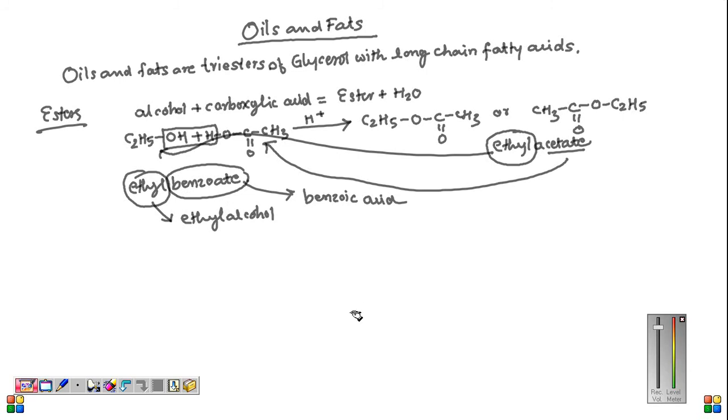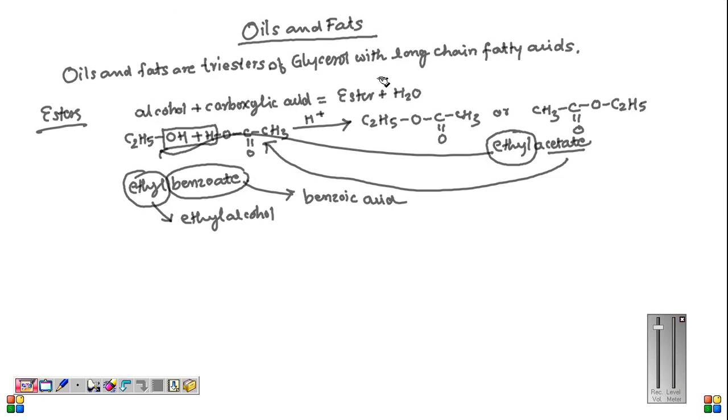Esters are formed by the reaction between an alcohol and a carboxylic acid. While naming an ester, we have to name the alcohol part first with a YL at the end, ethyl. The next part is the acid part, which ends with ate: ethyl acetate, ethyl benzoate, methyl acetate, methyl formate, and so on.